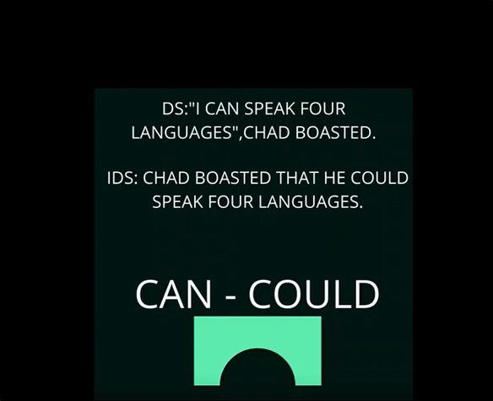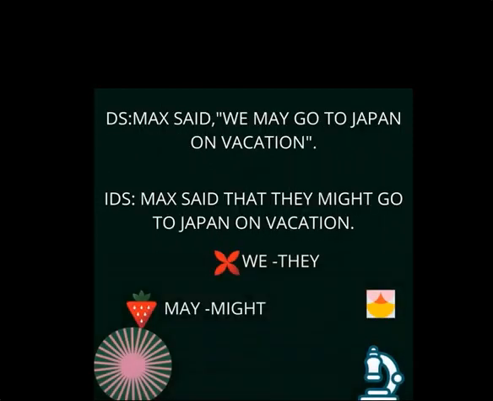Next sentence: "I can speak 4 languages," Chad boasted. So "can" changes into "could." Chad boasted that he could speak 4 languages. This "can" changes into "could" according to the rule. The next sentence is, Max said, "We may go to Japan on vacation."